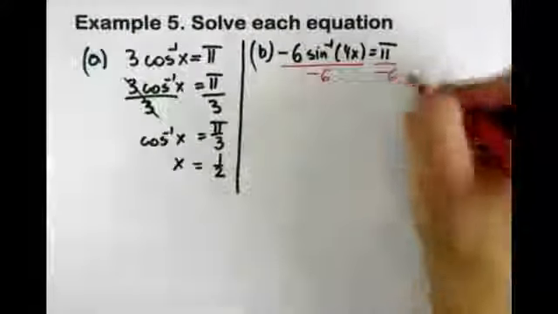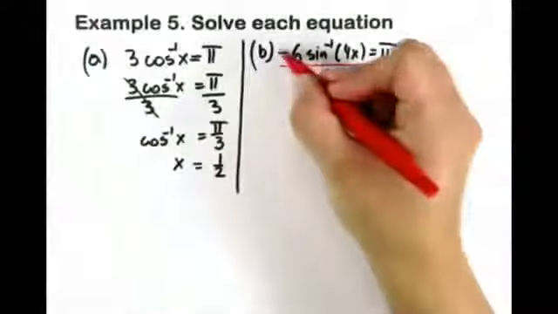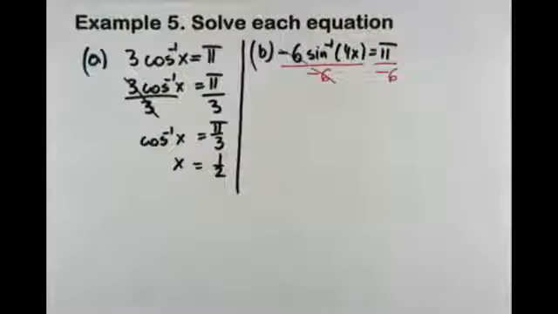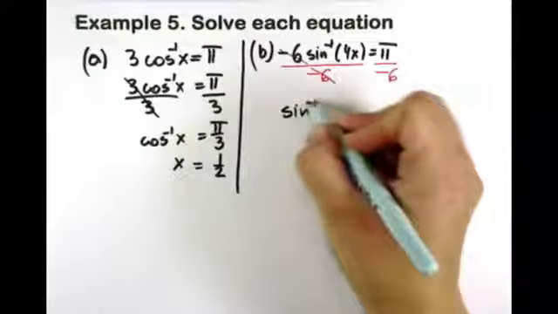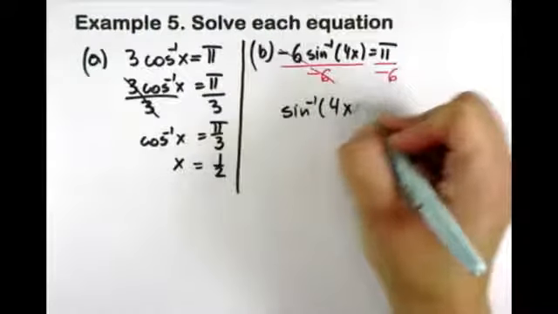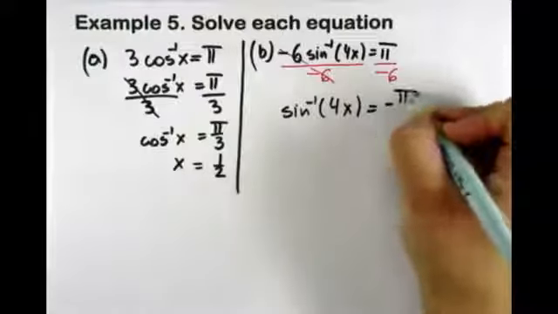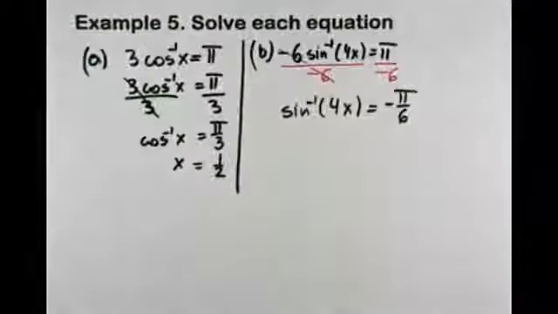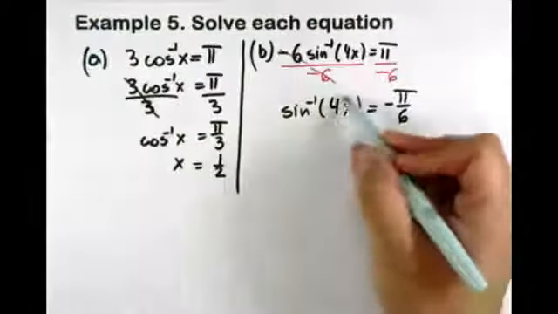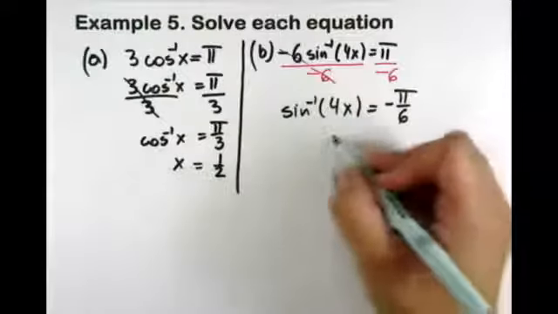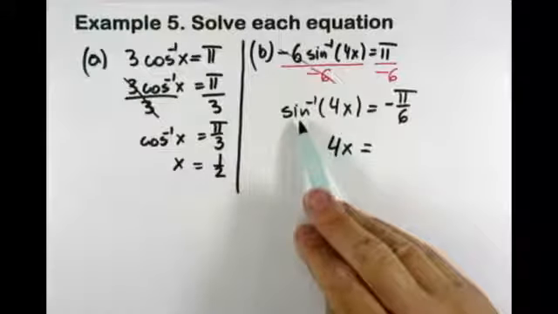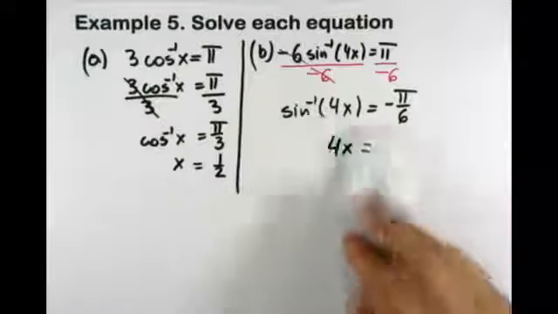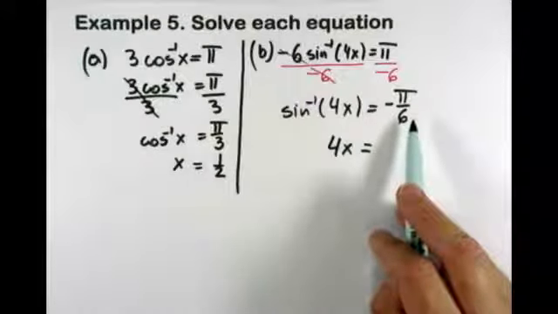So this cancels out. And we have that sine inverse of 4x is minus pi over 6.